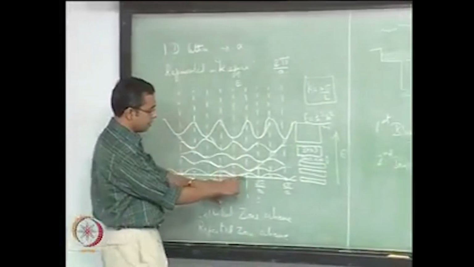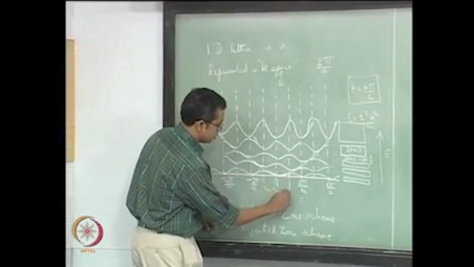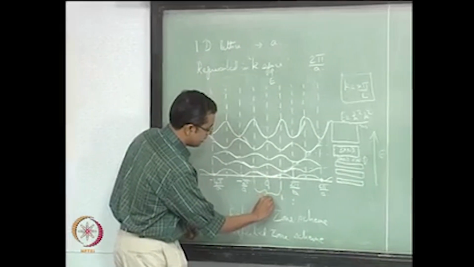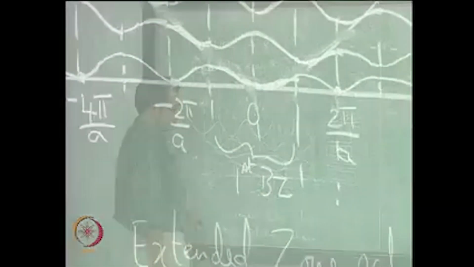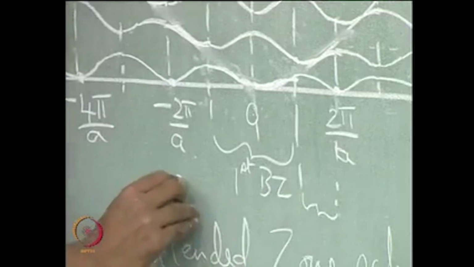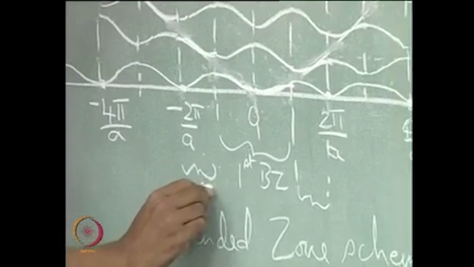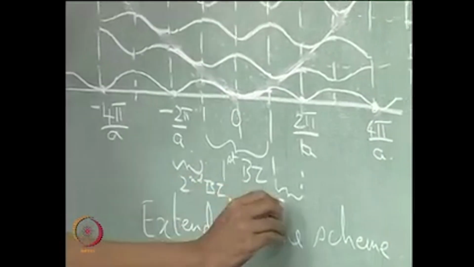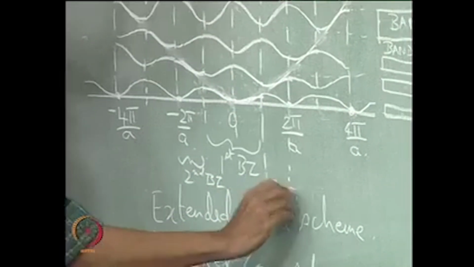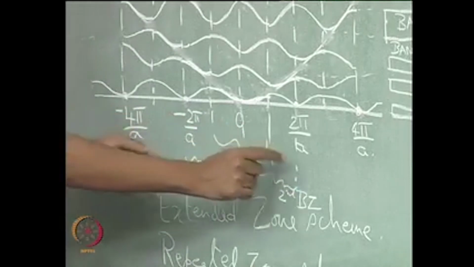So if you come here, the first Bragg plane is here, so this region is the first Brillouin zone. I will just call it first BZ. This region here plus this region here together are the second Brillouin zone. So we have the first Brillouin zone and the second Brillouin zone.